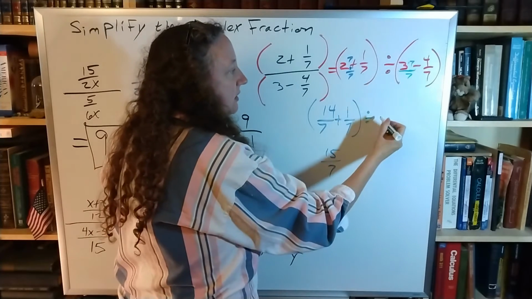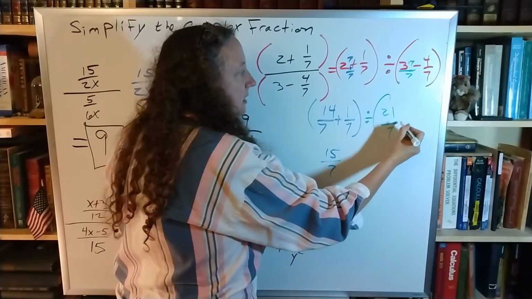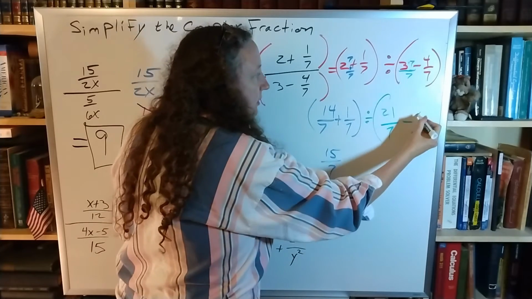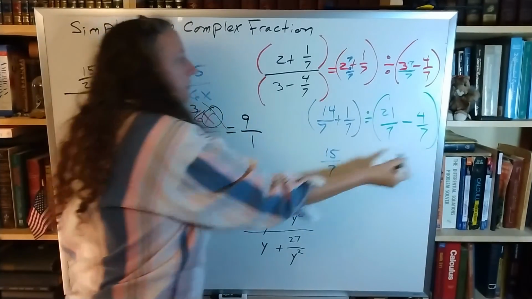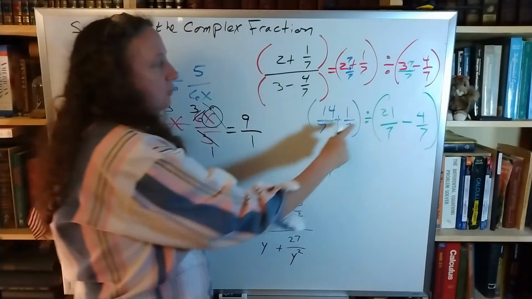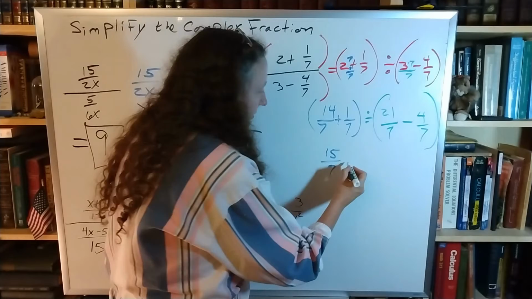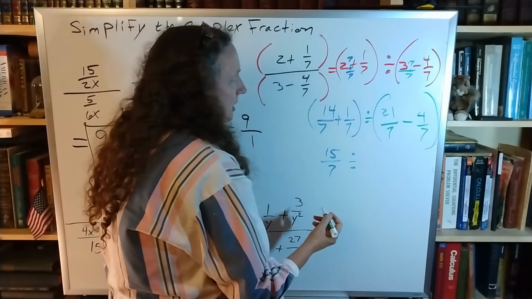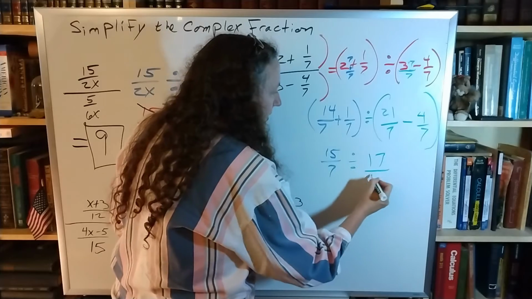That's 3 times 7, which is 21, over 7, minus 4 over 7. Close my parentheses. Now I take 21 minus 4, and I get 17 over 7.